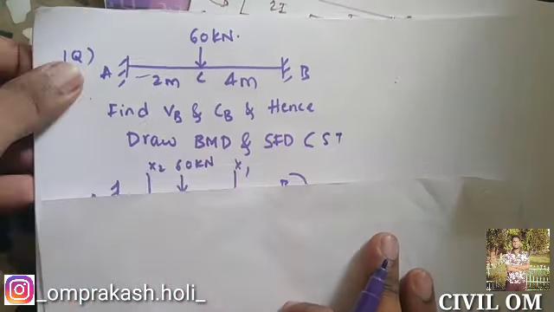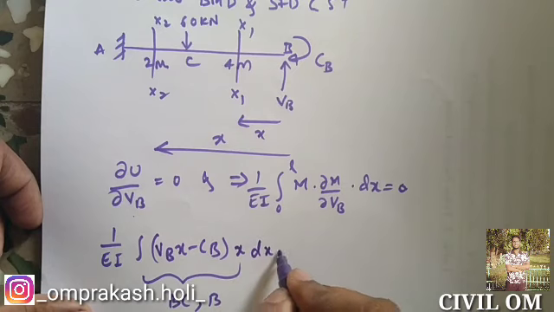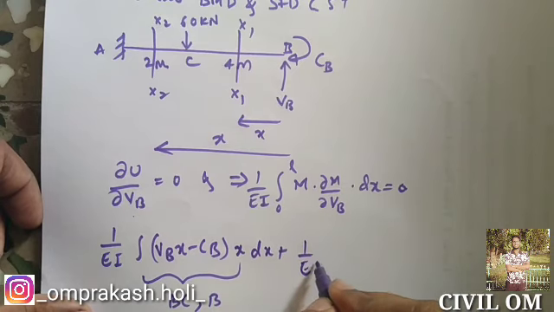Now friends, we have considered the portion BC taking B as origin. So VB into x minus CB into x, and the differentiation is x dx, plus 1/EI.